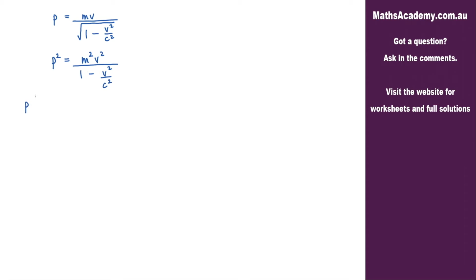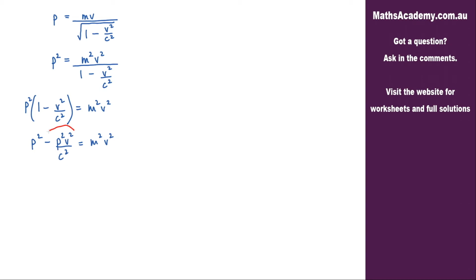So p squared, and then we've got 1 minus v squared over c squared, and that is equal to m squared v squared. I'm going to expand this bracket here. So I'm going to get p squared minus p squared v squared over c squared is equal to m squared v squared.